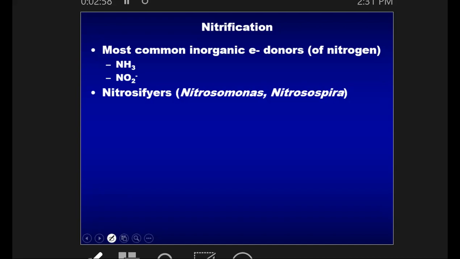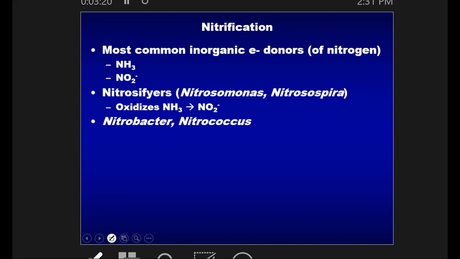And so the nitrosifiers, what they do is they take ammonia, for example, and they strip electrons out. Well, ammonia is inorganic. We're doing lithotropy. So as they do that, they'll end up making nitrite, NO2 minus, which they'll then get rid of. And then another nearby group of microbes, which they haven't given a group name to, which I don't know why, but they don't.